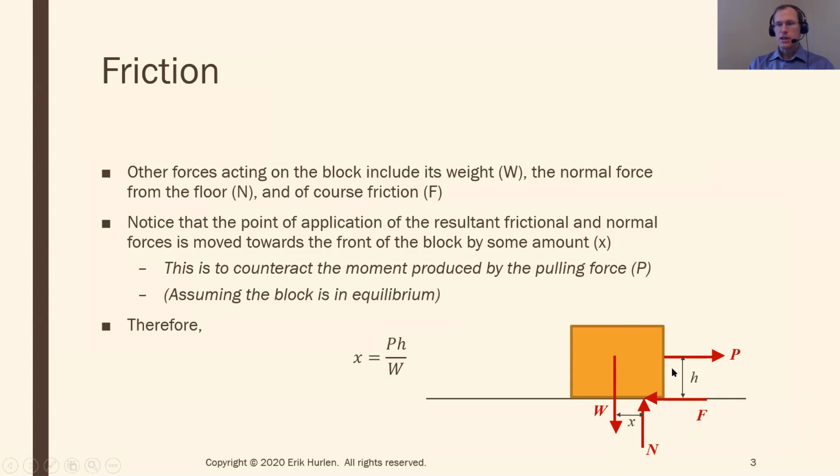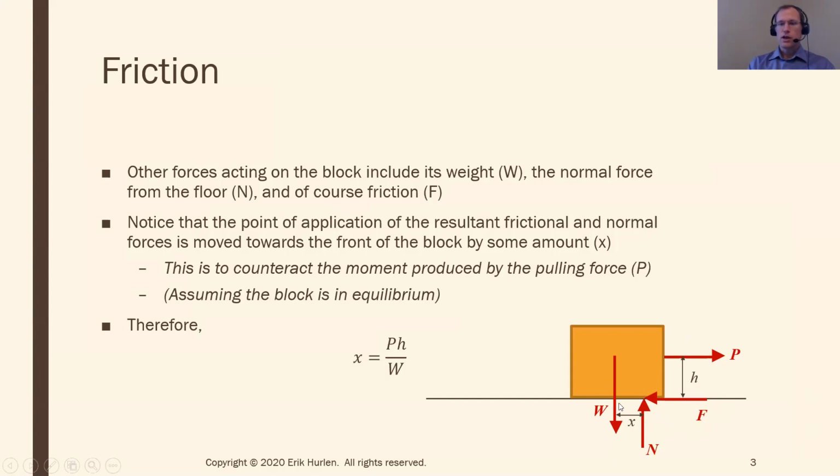But then, because I'm pulling this box at some distance h above the floor, I'm not only causing a force to the right, I'm also causing an implied moment. Because of that, two things happen. Number one, I get this frictional force, equal and opposite due to friction.